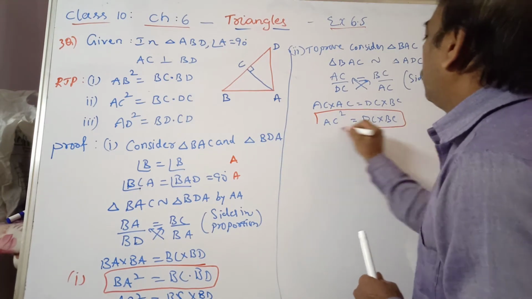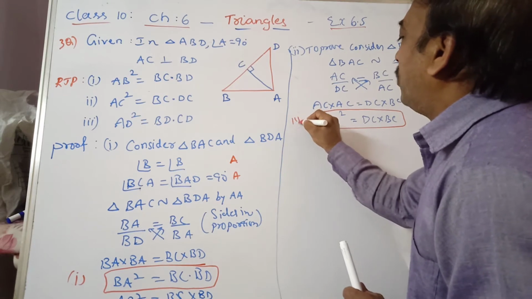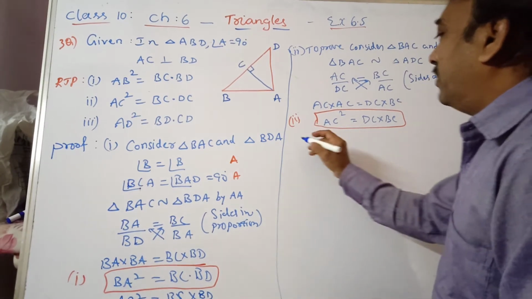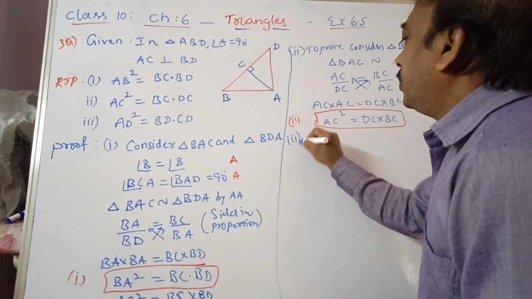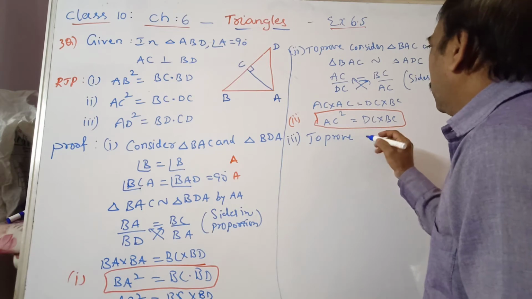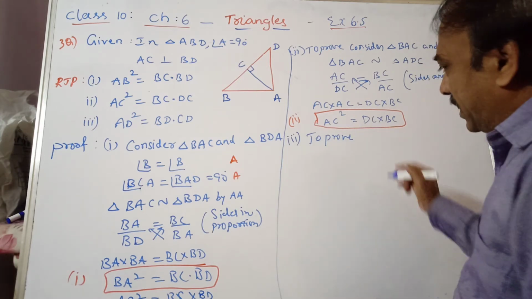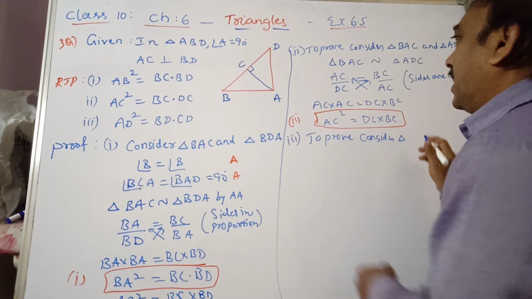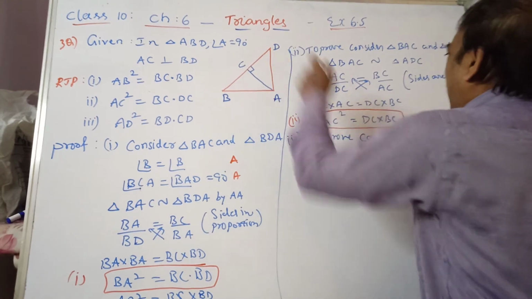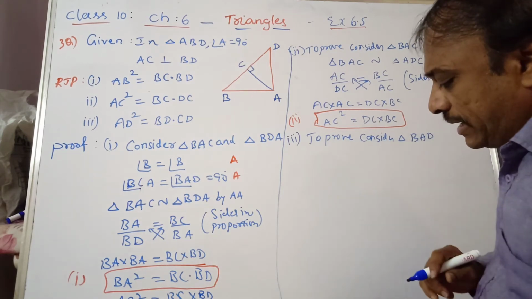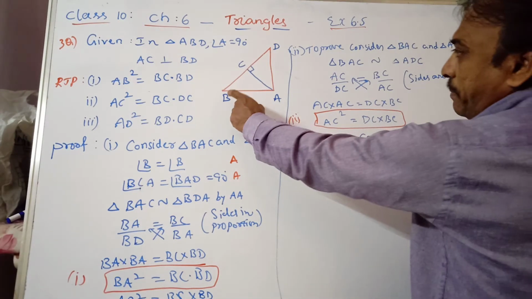We got the second one. Now the third one, you see. To prove the third one, consider triangle BAD and triangle ACD.